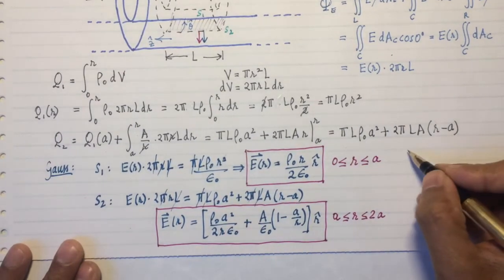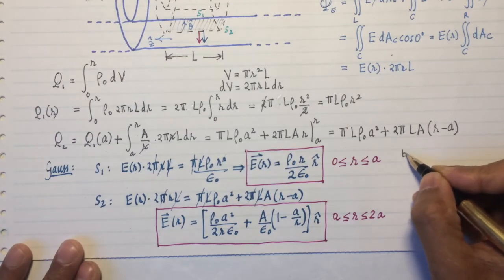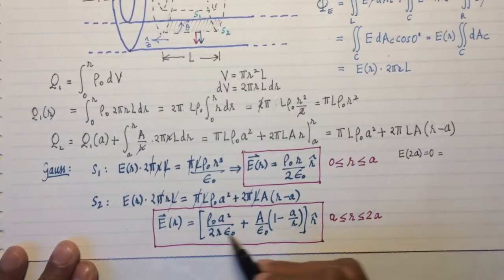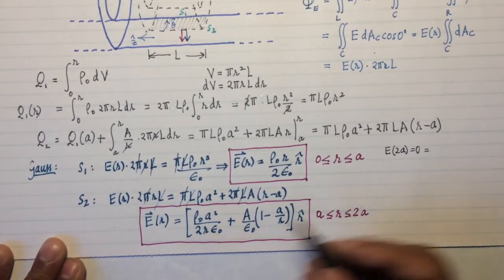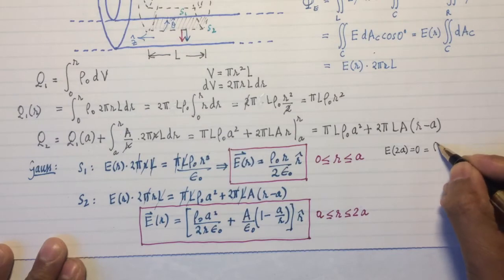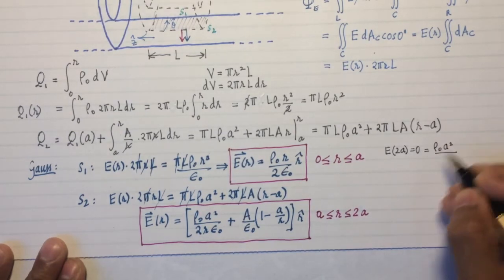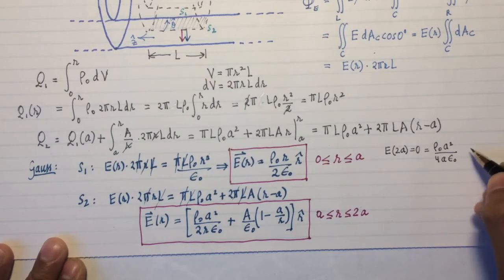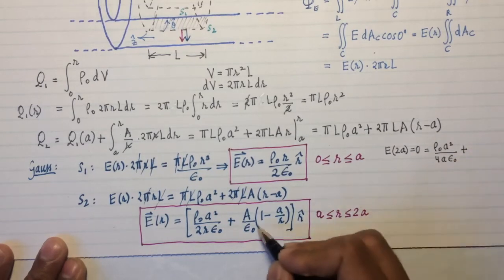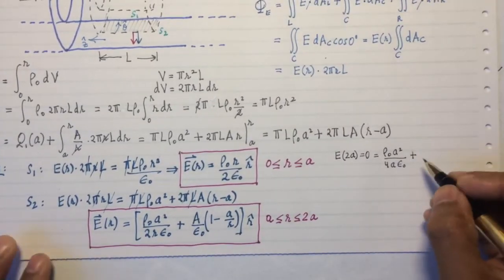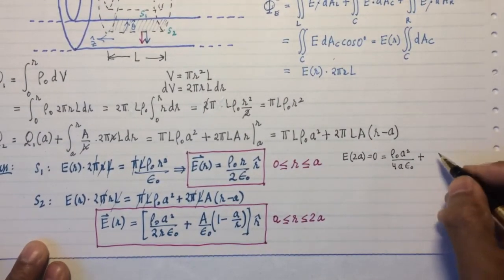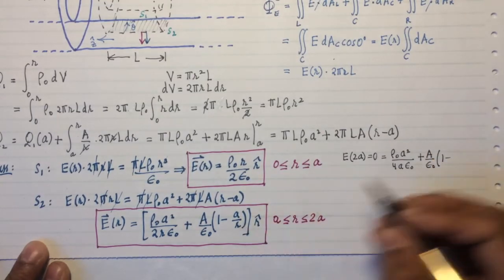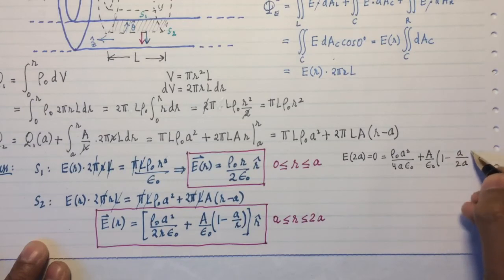So let's do that. What's needed is the electric field at 2a is 0. So I'll put that here. When I put r equals 2a, I'm going to get ρ₀a² over 4aε₀, and the other term is going to give me a over ε₀ times 1 minus a over 2a.